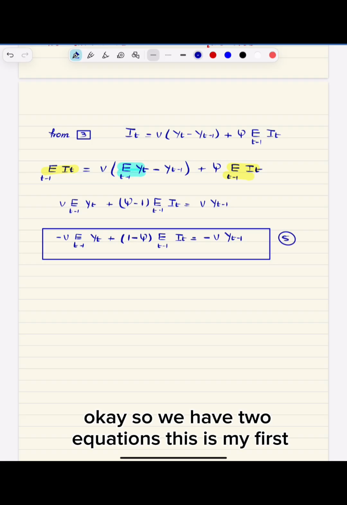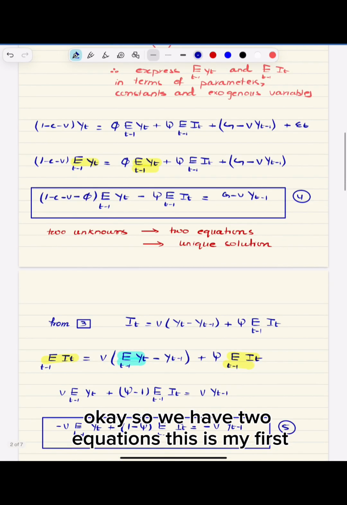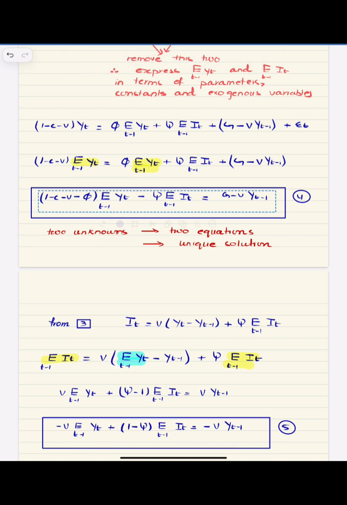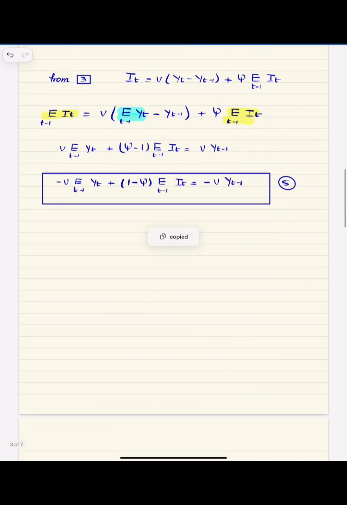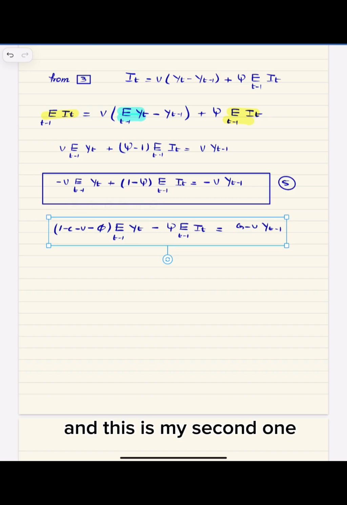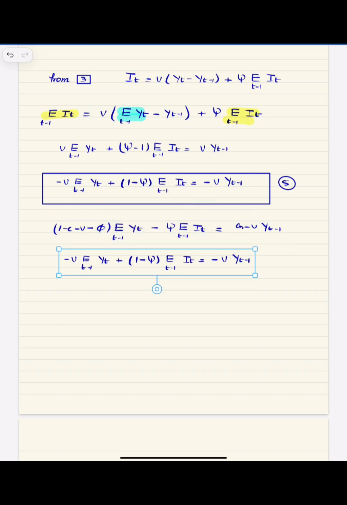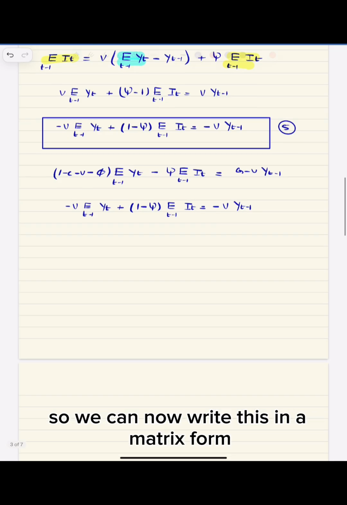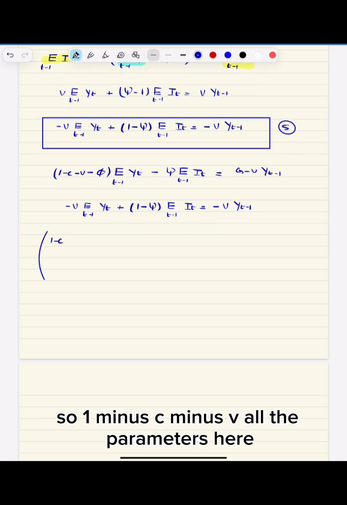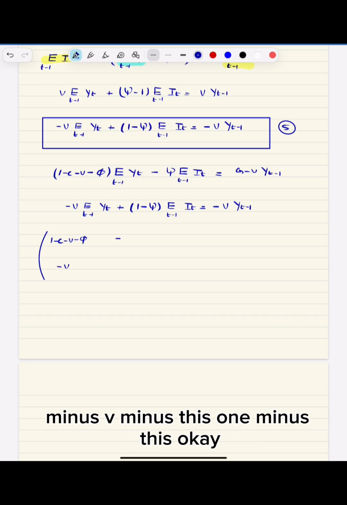Okay, so we have two equations. This is my first, and this is my second one. So we can now write this in a matrix form. So 1 minus c minus v, all the parameters here, minus v minus this, 1 minus this.